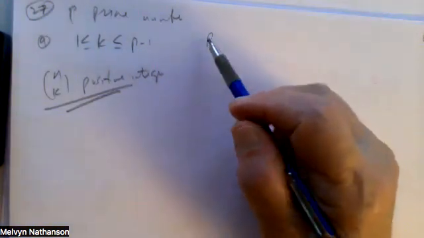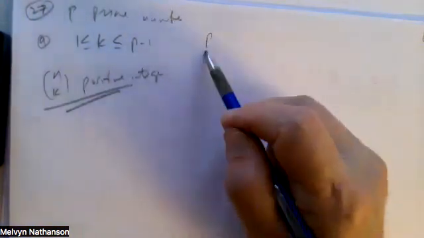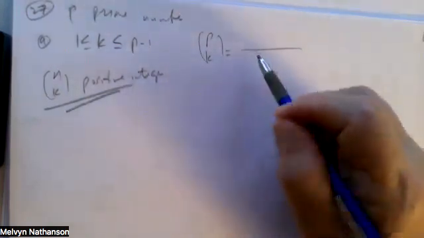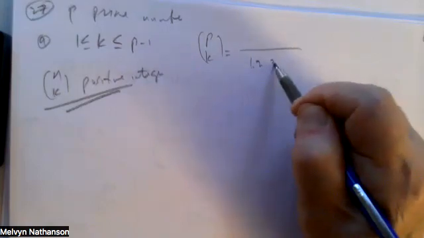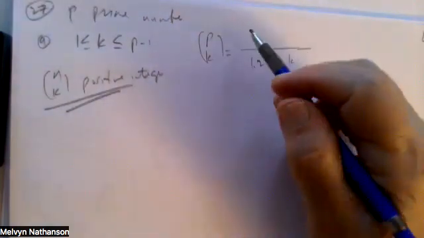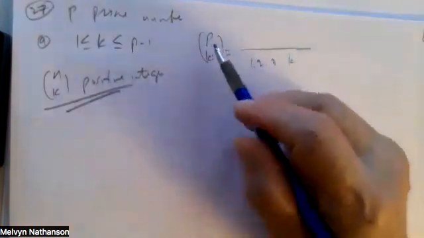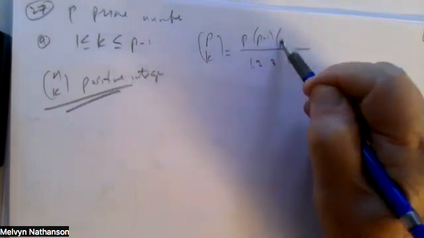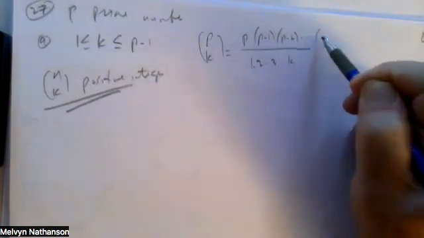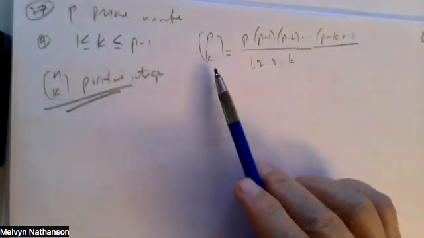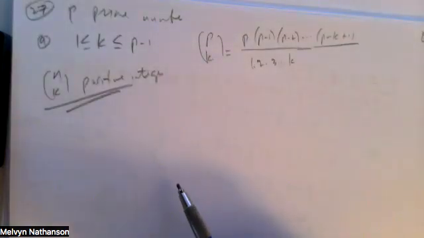So if you take P choose K, what is that? The denominator is K factorial, 1 times 2 times the product of all the numbers up to K. And the numerator is K numbers starting with P and going down: P, P minus 1, P minus 2, down to P minus K plus 1. That's the definition of this binomial coefficient.